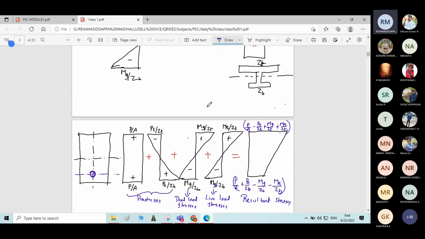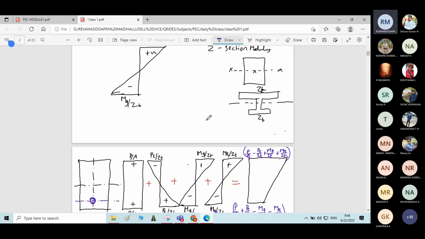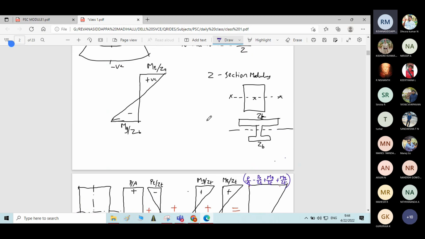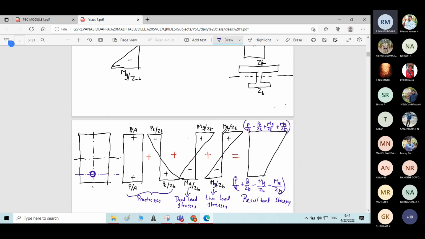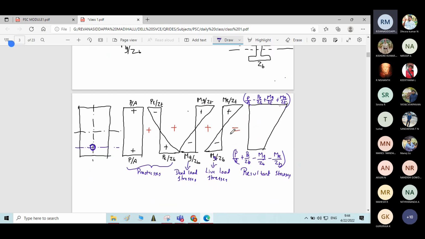So this is how we find the resultant stresses at a section of a pre-stressed concrete beam or any other element. I hope this is clear for you all.